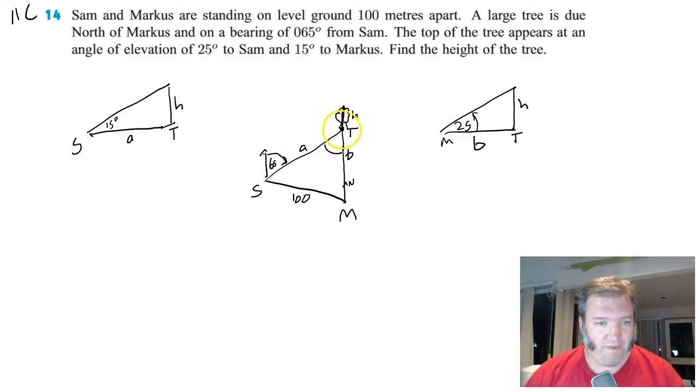Well, if that is on a north line and it continues all the way through there, then that distance around there must be 180 degrees. And if I continue this bearing from Sam, which is 65 degrees, then you can see this other angle in here is going to be vertically opposite. That's going to be 65 as well.